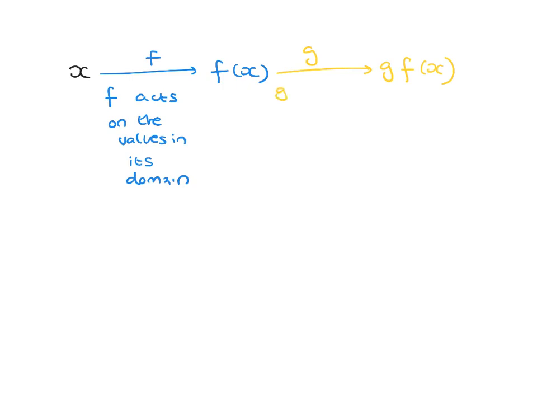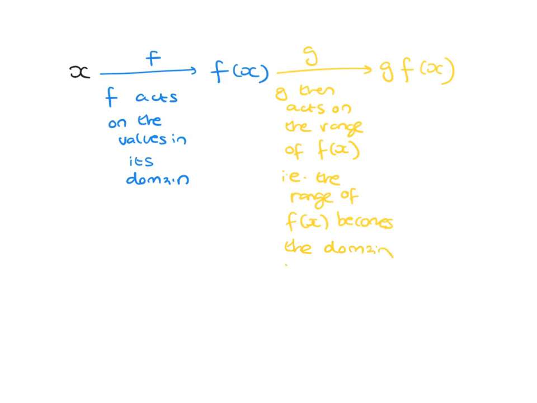G then acts on the range of f of x, i.e. the range of f of x becomes the domain on which g of x now acts, which of course then results in g f of x.